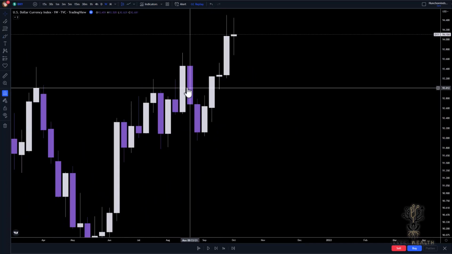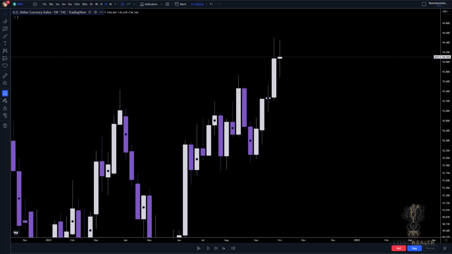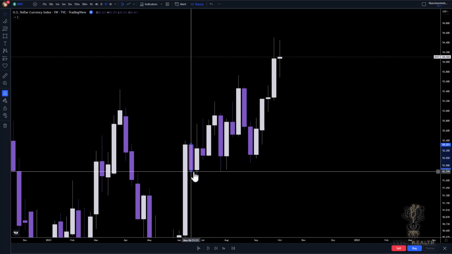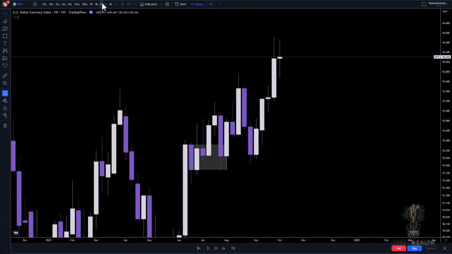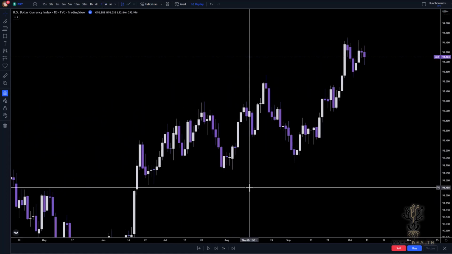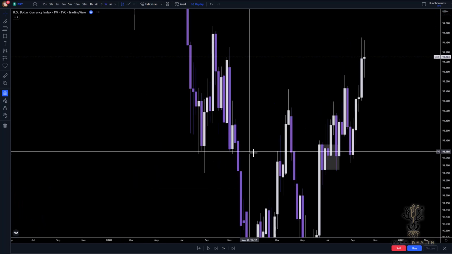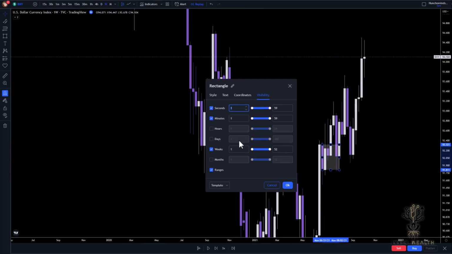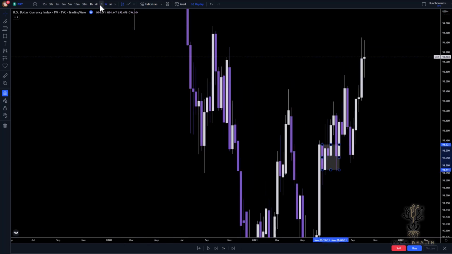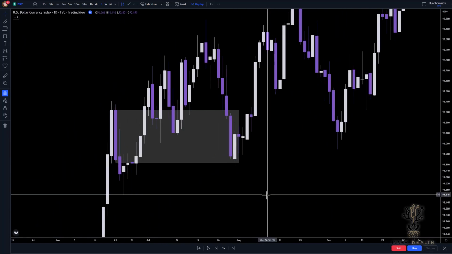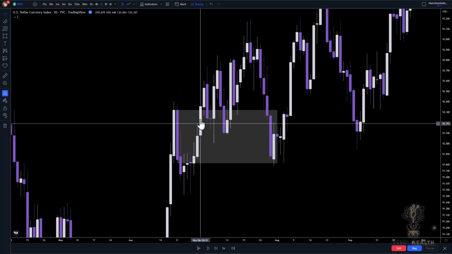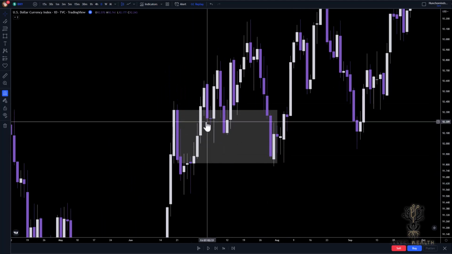Okay, so now looking at previous areas of accumulation, the first one, we have this whole push here. Drop it down one time frame. One second, let's make sure that these are visible throughout. Drop it down one time frame, and then you can see here with more detail whether we created an imbalance or not. No imbalance, nothing.